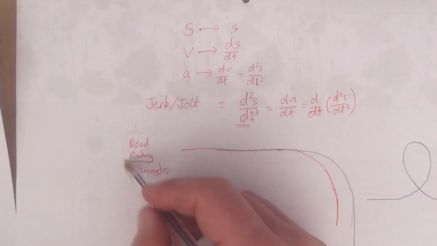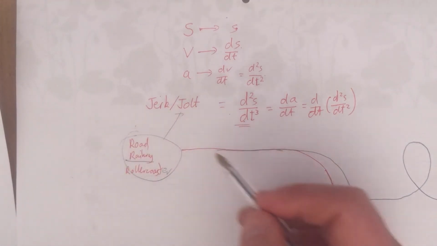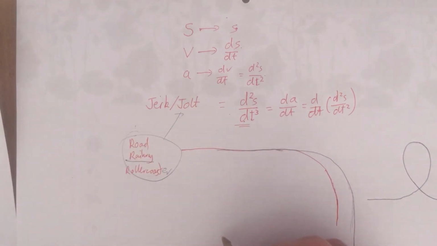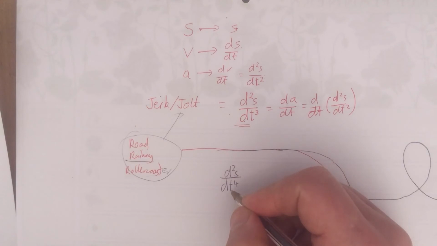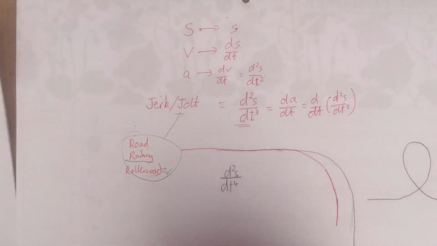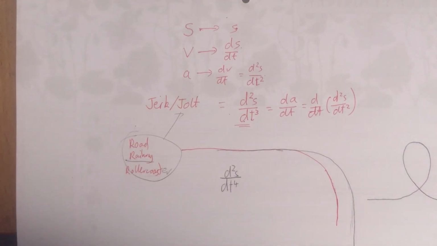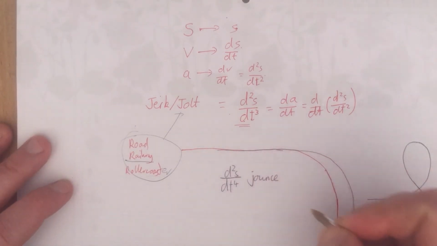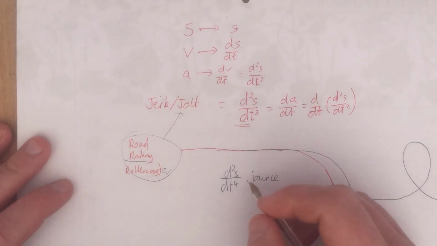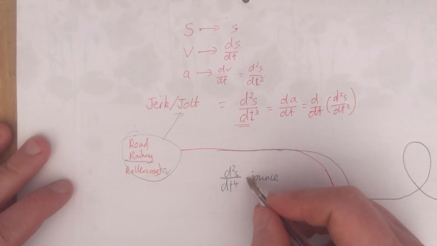So this stuff here is used every day. There is a term beyond that as well, which is d4s by dt to the 4. And this is called something else, and I can't actually even remember what it is now. I've got it written down there. Oh, yes, this is called the jounce. To be honest with you, I don't really know much about that, and I'm not going to go into it at the moment, but certainly there are applications for that.